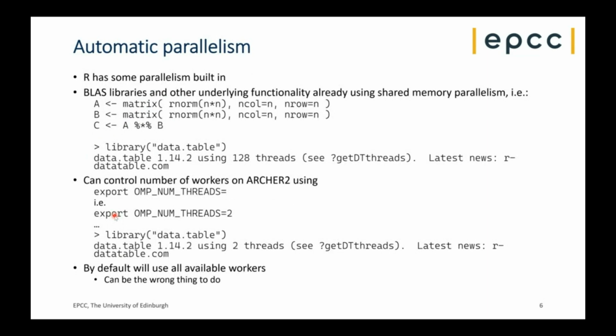As I've already mentioned, R has some built-in parallelism because some of the functionality inside it builds on top of BLAS libraries and underlying maths libraries, which already have shared memory parallelism built into them. So something like matrix multiplication, here C equals A times B. If your R has been installed in the correct way to use an underlying library, like the Cray version of R on ARCHER2, then this will by default, I think, try to parallelize this matrix multiplication of A and B across 128 threads.